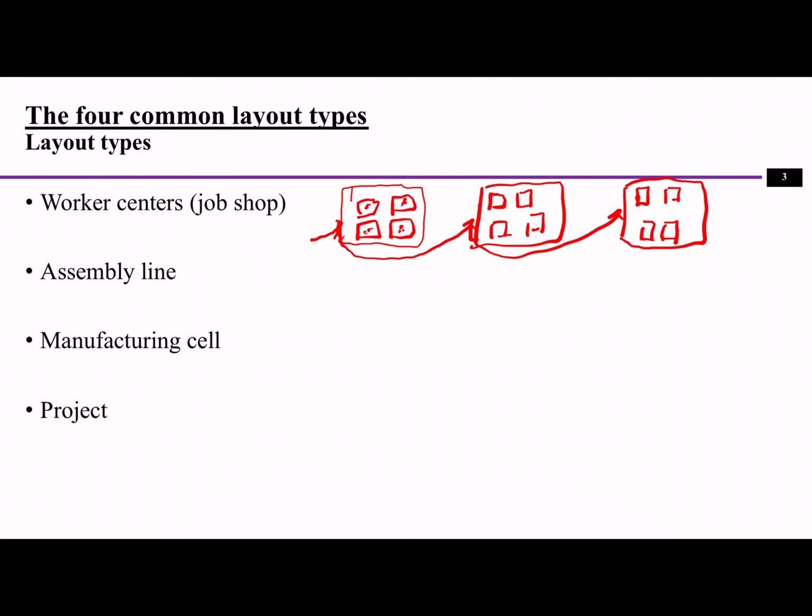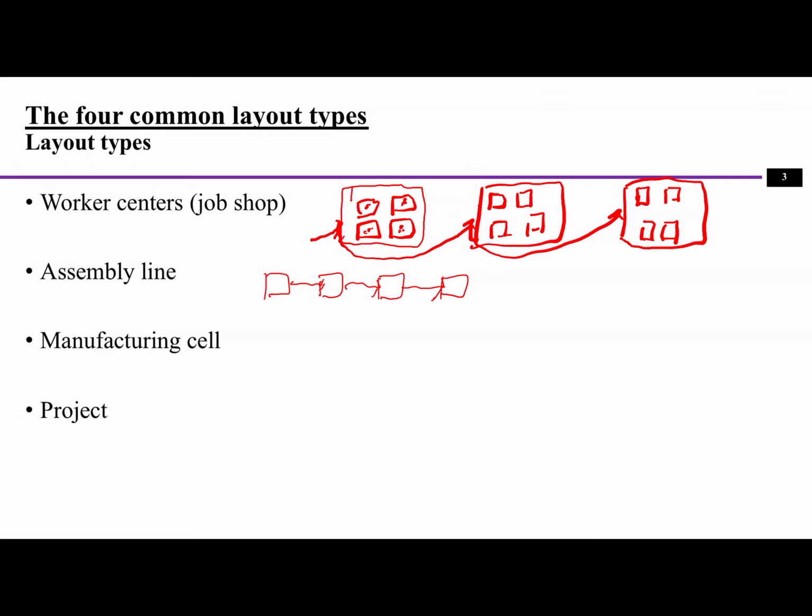Well, another type of setup is the assembly line. We have been discussing that in the last lecture. An assembly line is usually a sequence of processes, and it is more fixed than work centers. The work centers can make a variety of different models because machines have more flexibility, while in an assembly line, all the setup and the machines are more fixed, and the models it can make are very limited.